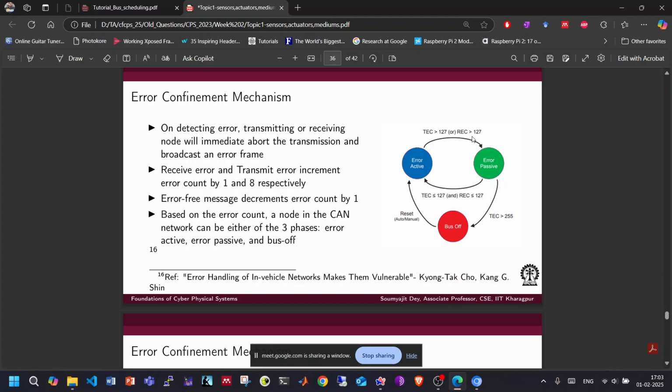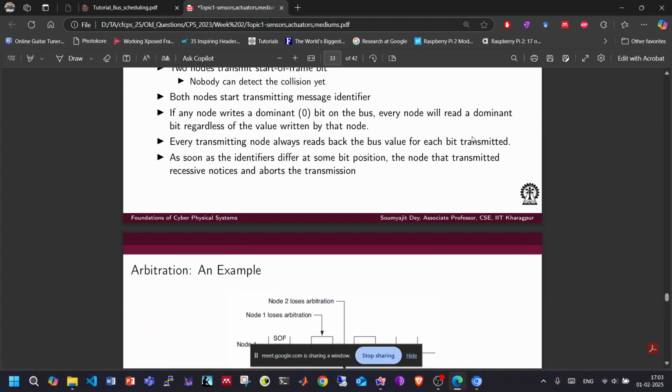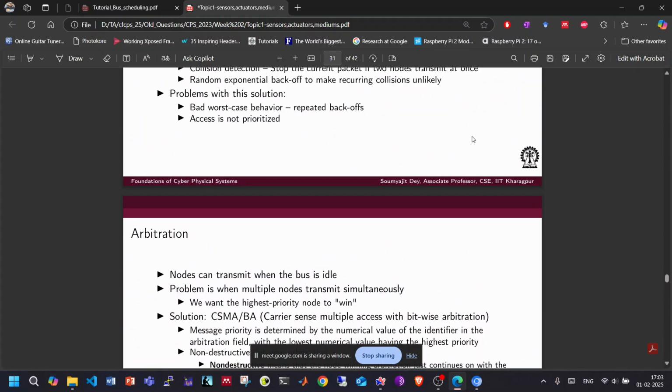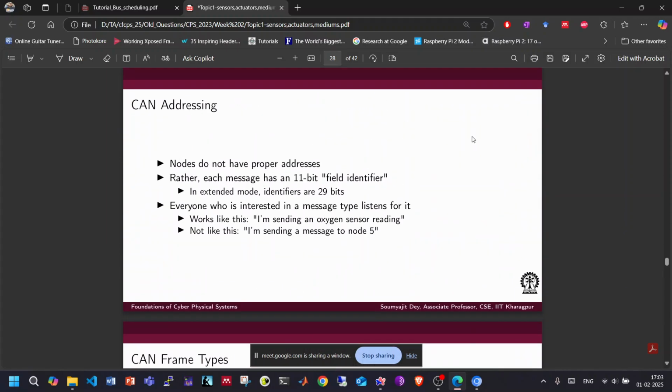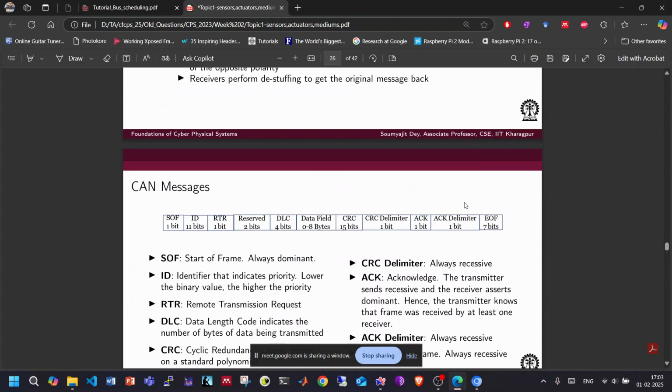When you are receiving the signal, the transmitter sends a recessive bit in the acknowledge field. The receiver has to send a dominant bit and confirm that it has received the signal. The only reason the receiver will not acknowledge even after getting that ID is that maybe there are some errors in between, and that error must be caused by the transmitter mostly.